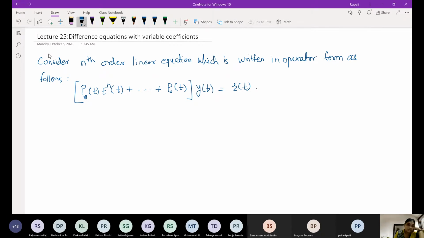In the case of difference equations it is also the same. So our discussion will not be general, but we will see the methods by which we can get some examples solved in analytic or closed form. Is that okay?